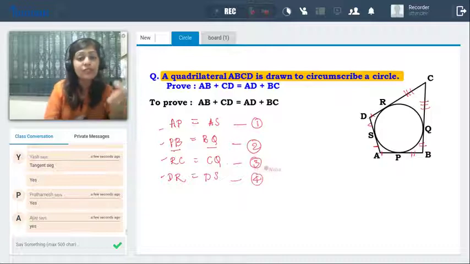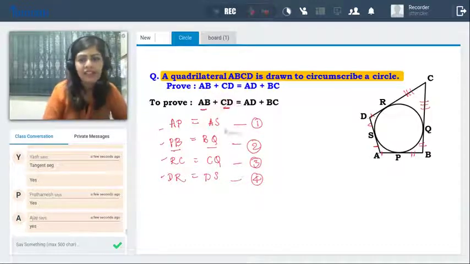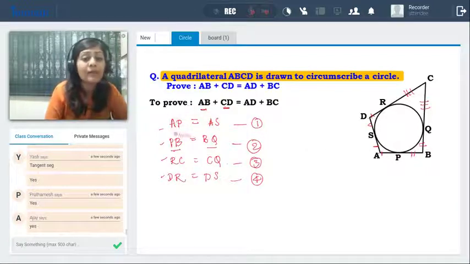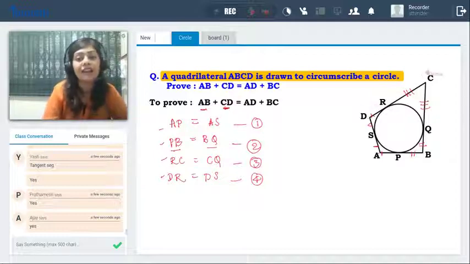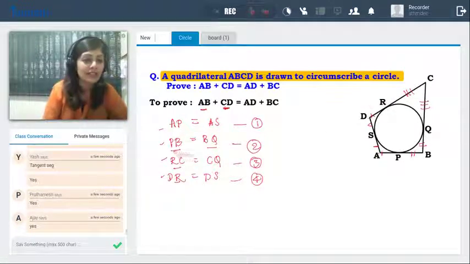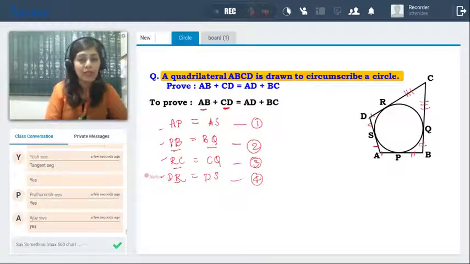We need AB plus CD, right? Now AB is AP plus PB, so I've written AP and PB next to each other. CD is RD plus CR, so I've written RC and DR, also next to each other. Which is why I have chosen these segments and written them one below each other.